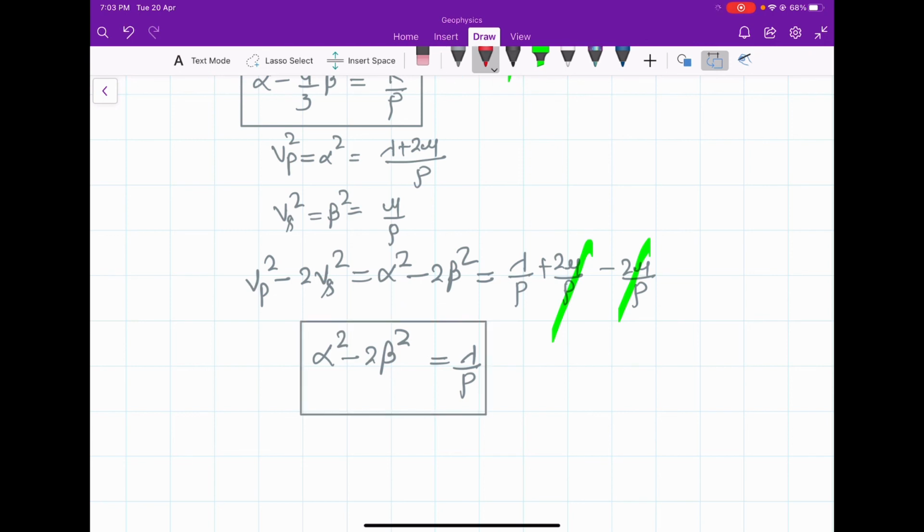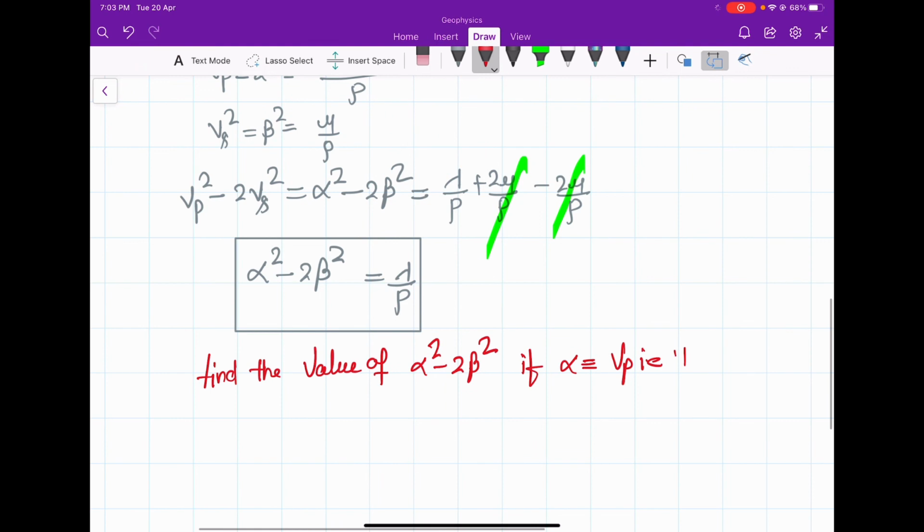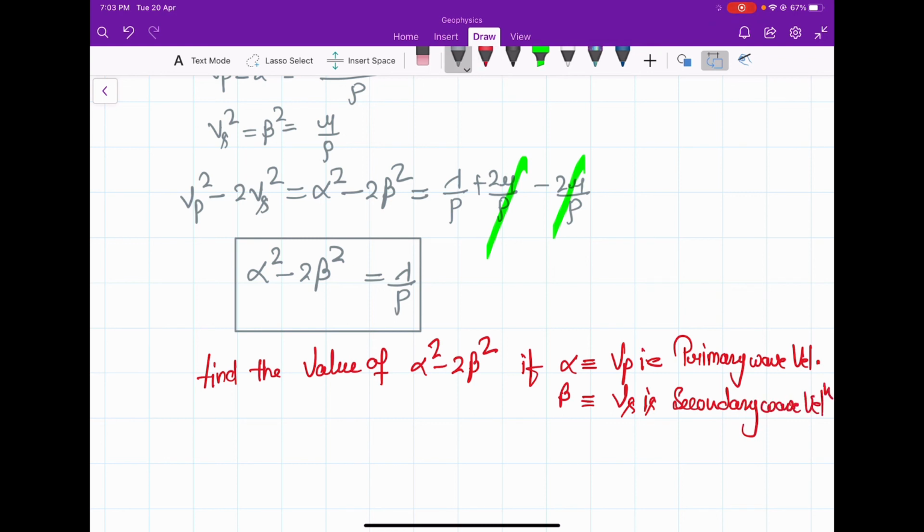If the problem is given that find the value of alpha square minus 2 beta square, if alpha is Vp, that is primary wave velocity, and beta is Vs, that is secondary wave velocity, the answer will be lambda by rho.